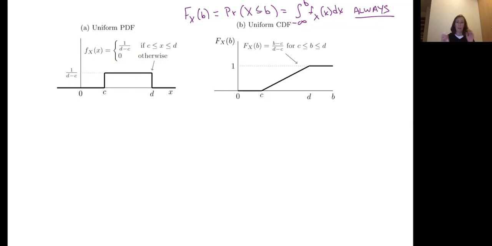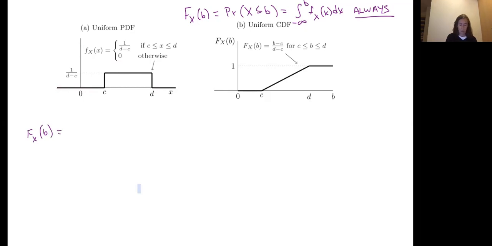So the integration is going to be pretty easy here. There is this business of having to deal with the other parts of the CDF, the parts that don't have any probability assigned to them. So let's be careful and systematic. What do we have here for the CDF, the probability that x is less than or equal to b?